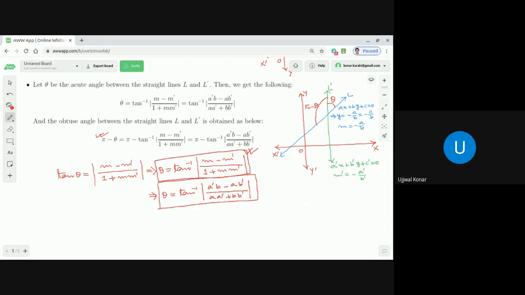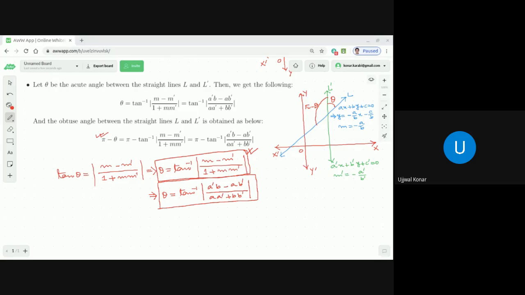Very important information, these two statements, dear students, that you will find a lot of numericals where you need to find the angle between the two straight lines, and there you need to apply the concept of whatever we have just learned. And whenever it is mentioned the angle between the two straight lines, always it is mentioned that the acute angle, if it is not mentioned specifically.